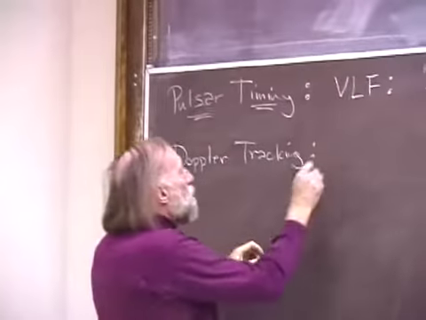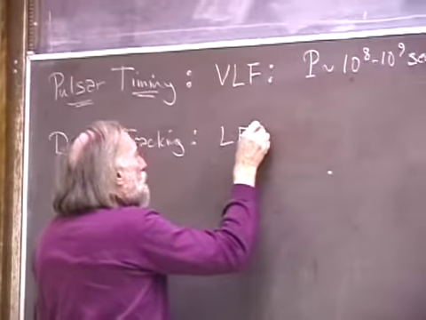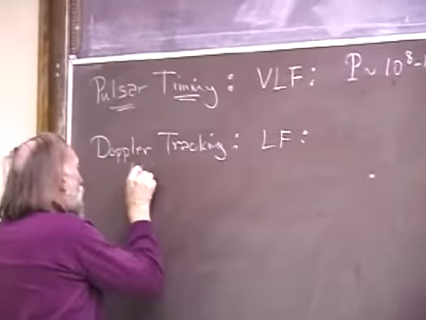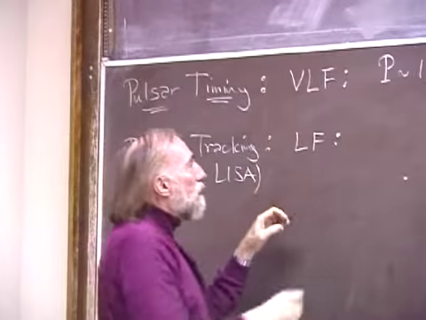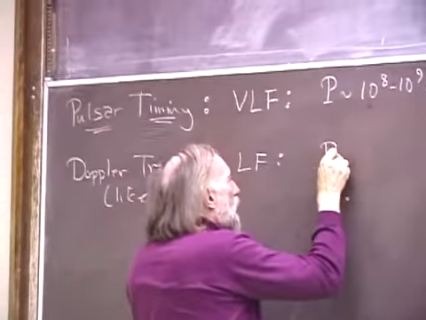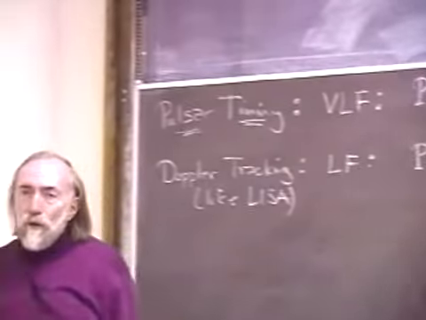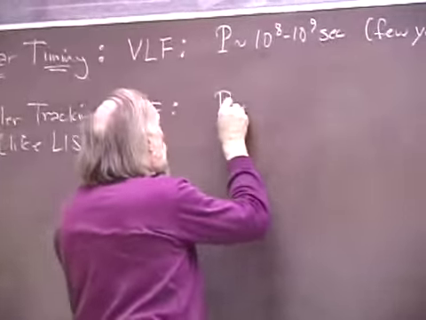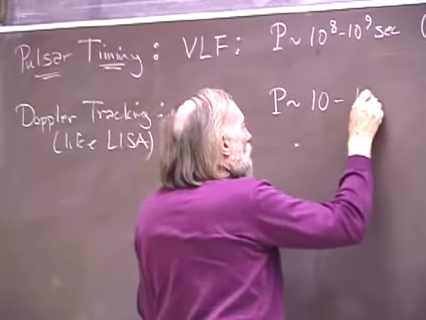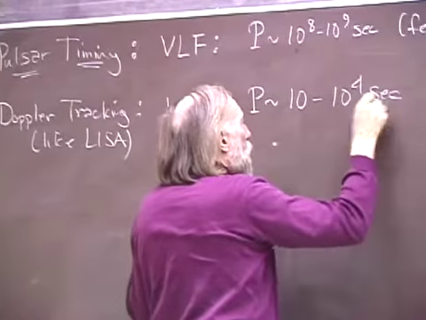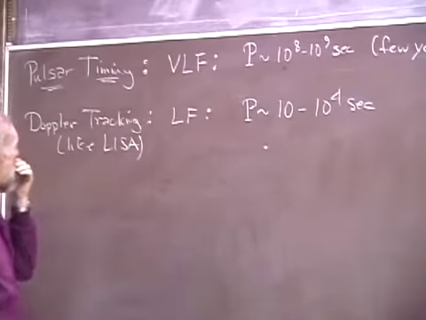Doppler tracking of spacecraft operates like LISA in the low frequency band, which is set by basically the scale of the solar system or the inner parts of the solar system. So it in fact has good sensitivities at periods ranging from 10 seconds out to something like 10 to the 4 seconds or a few 10 to the 4 seconds.